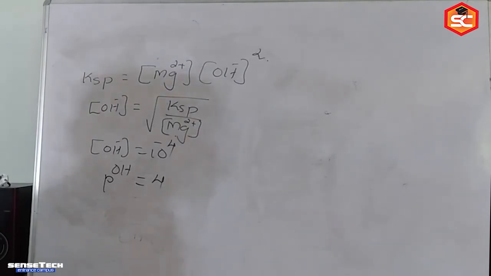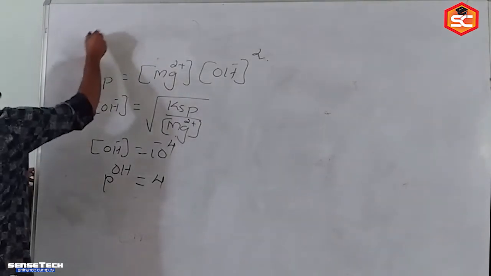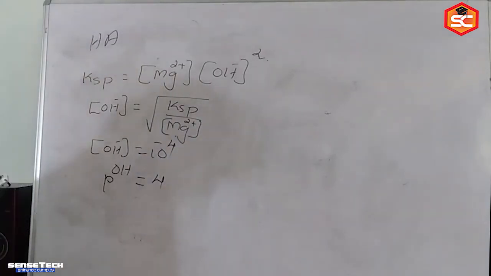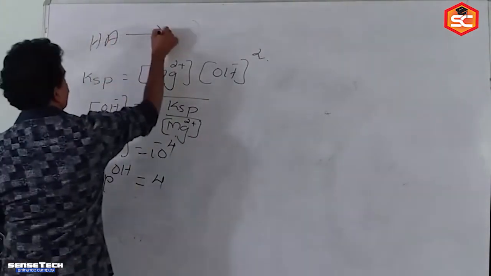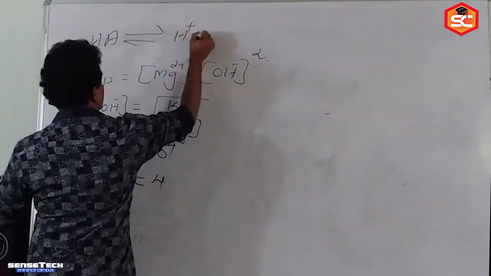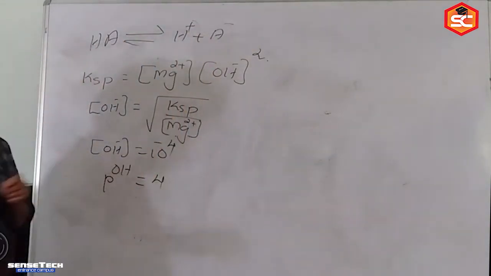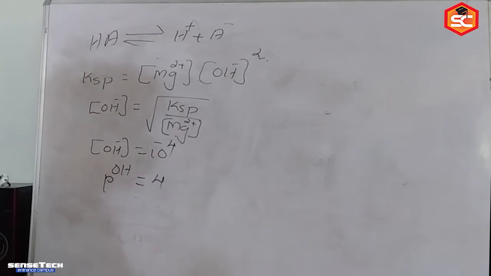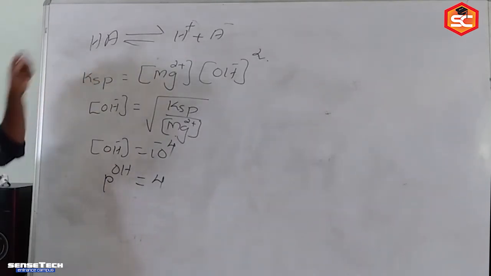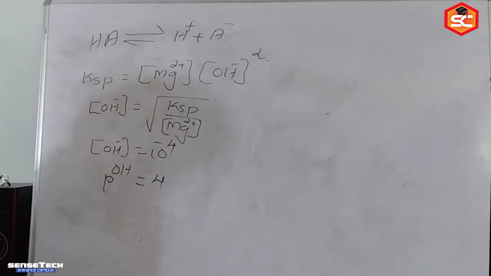An acid HA ionizes, giving H plus and A minus. The pH of a 1 molar solution of this acid is 5.